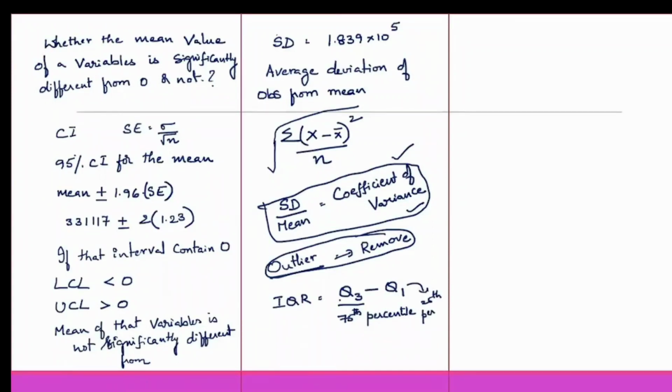So you could see that between these two is the middle 50% of the data. So when I say interquartile range, I'm talking about the range of the middle 50% of the data.